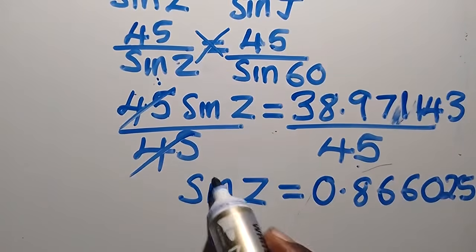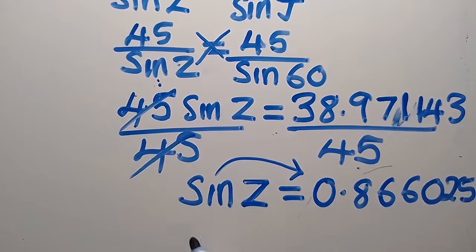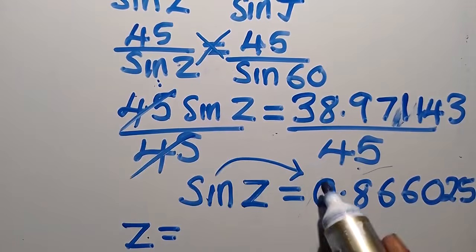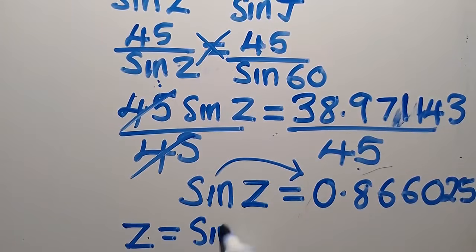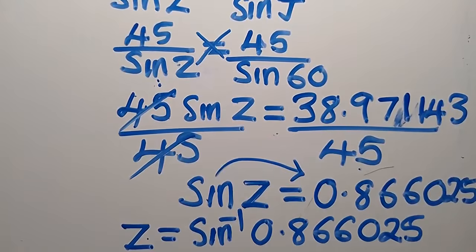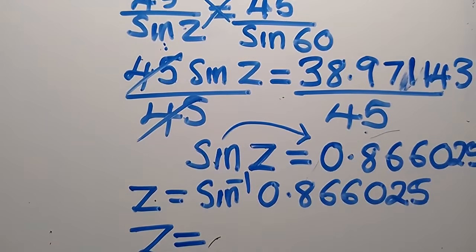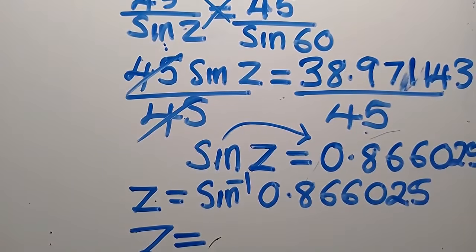So from there now, I want to find Z. So this sine will go to the other side because I'm not told to find sine Z. So Z is equal to, when sine goes to the other side, it changes to sine inverse of 0.866025403. Then you get your calculator the same way we did on cosine. You say shift, you go where there is sine.